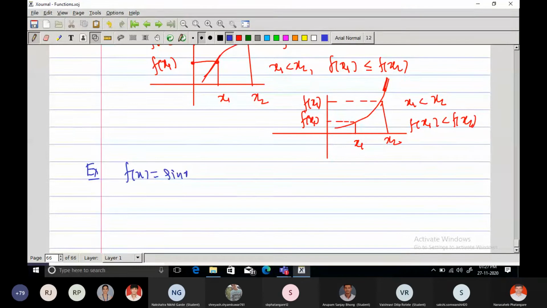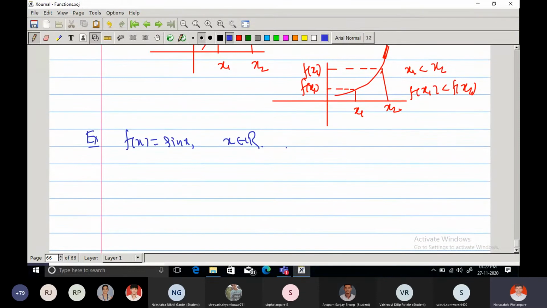No. If you look at the graph of the sine function, you observe that 0 is less than 3 pi by 2, but f of 0 is greater than f of 3 pi by 2. f of 3 pi by 2 is minus 1, and f of 0 is 0.